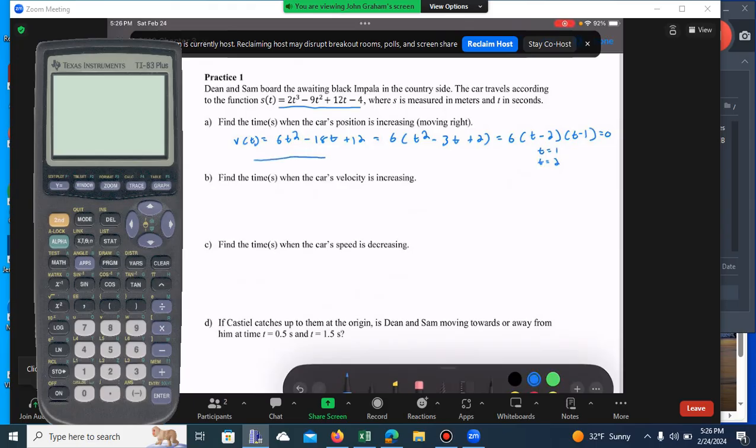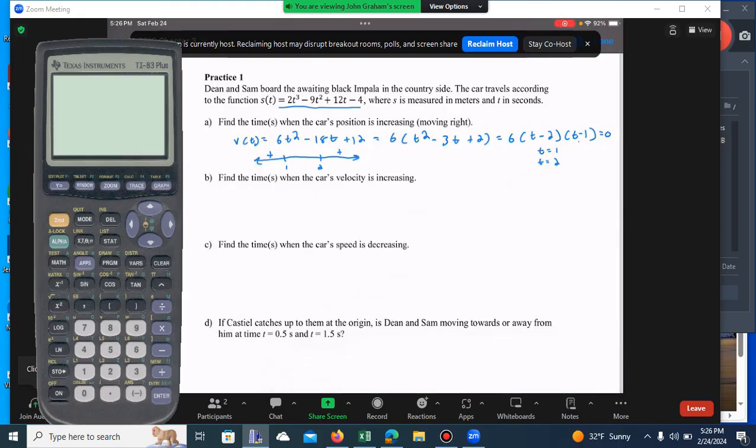Anyways, on a number line, we can look at different points here. If it's 0, you'll have a negative 2 and negative 1, which would be positive. Two negatives make a positive. If it's 3, you'll have a positive and positive, positive. And if it's like 1.5, 1.5 minus 2 would be negative, and 1.5 minus 1 would be positive, so you have a negative in the middle.